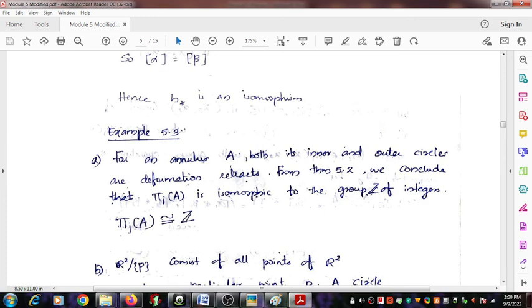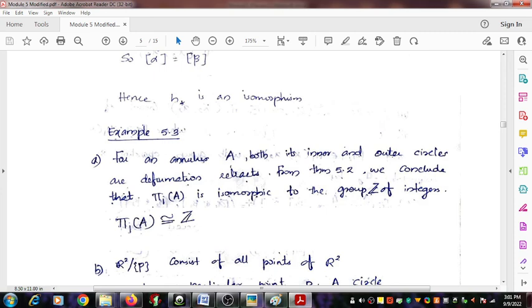Each of these deformation retracts is homeomorphic to the circle S1, the unit circle, and we also know that the fundamental group of the unit circle is isomorphic to Z.